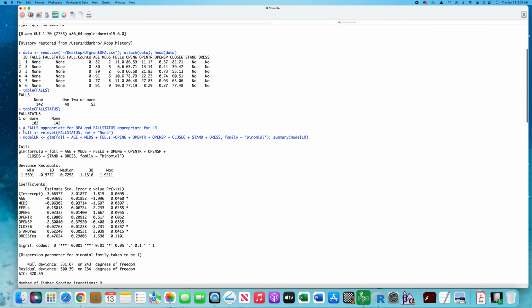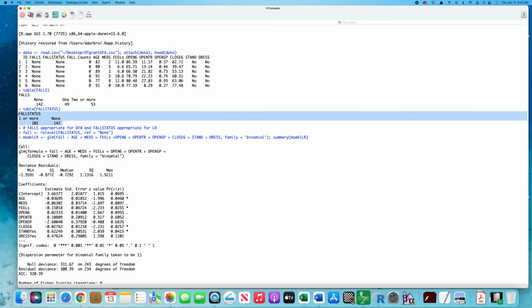The very first thing I need to do, as always, is identify what the reference category is for my dependent variable. I'm using fall status, which is dichotomously coded, so it's appropriate for logistic regression.